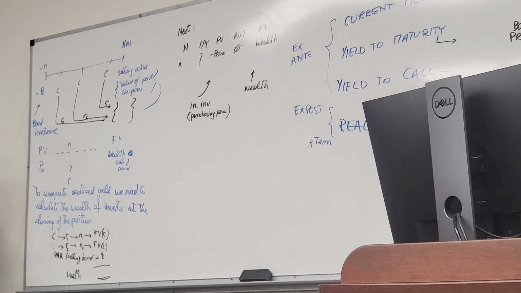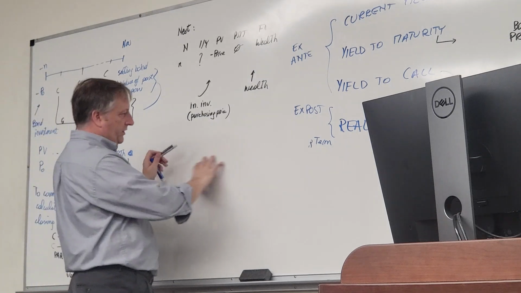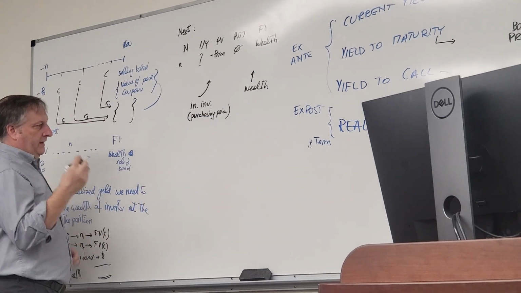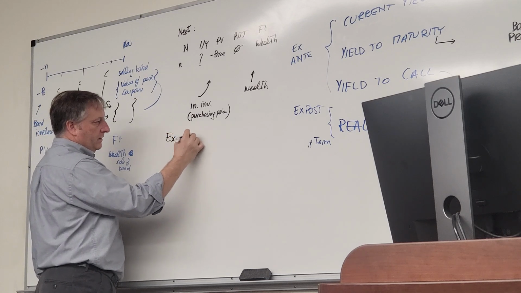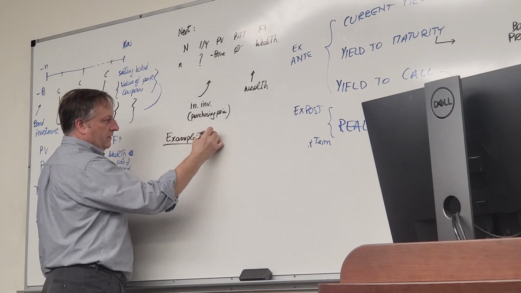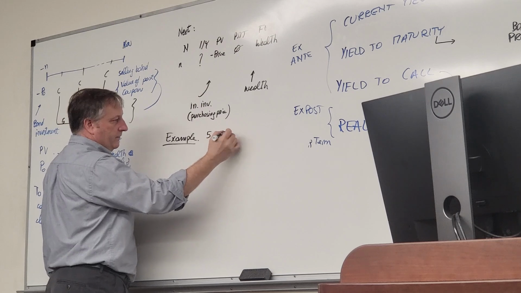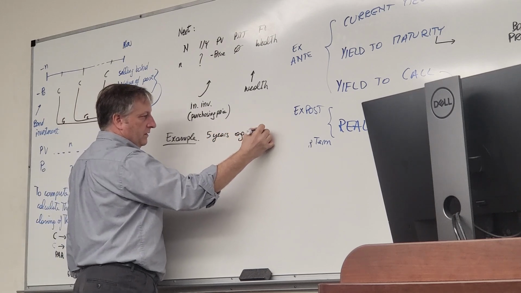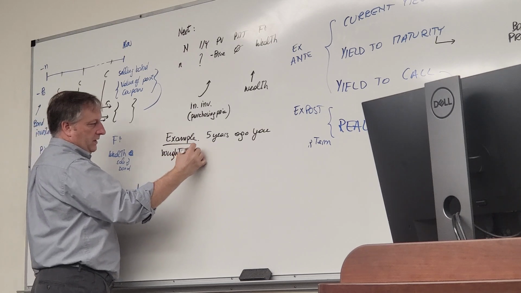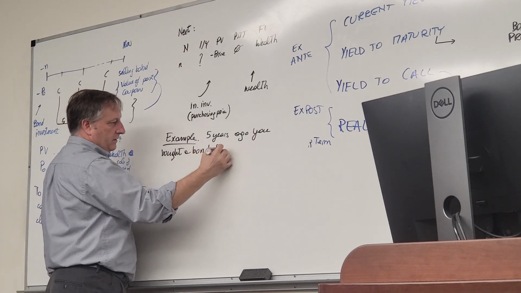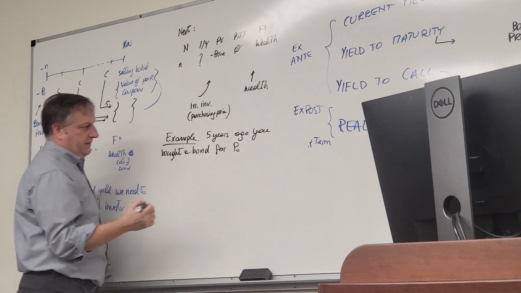So let's try it. Just graphically, we're going to try to set it up, and then we'll do it numerically. Example. 5 years ago, you bought a bond for B0.